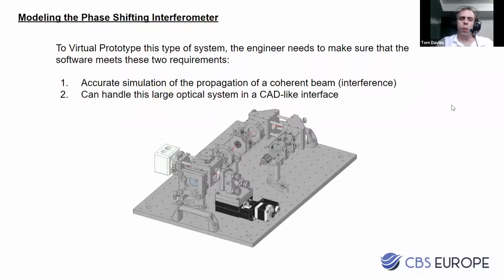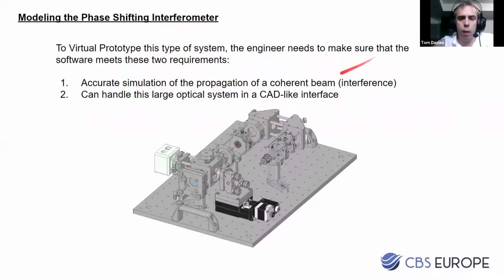Now, before we virtual prototype this system, we need to make sure that the software that we're going to use, and there's a variety of different optical engineering software out there, of which FRED is just one, meets requirements. There are 2 requirements that are absolutely essential for virtual prototyping a system of this size.